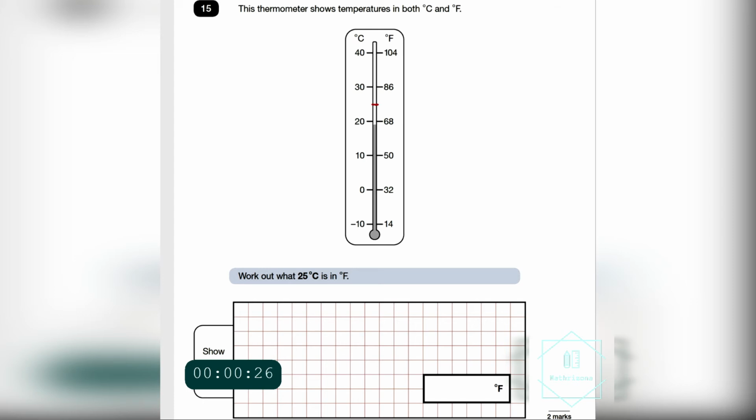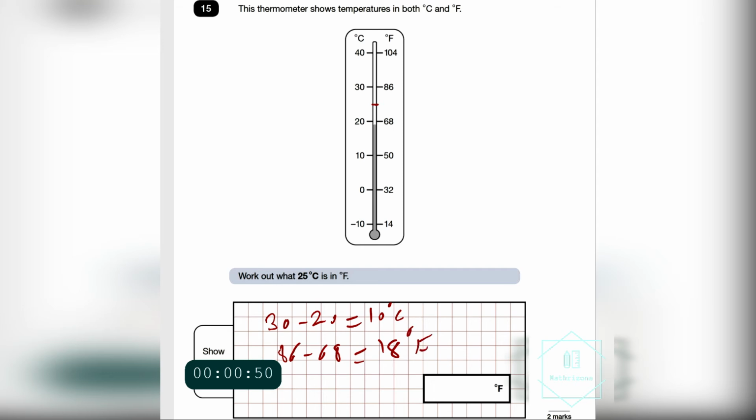Okay, so to work this out, we can calculate the difference between Celsius on the left hand side, 30 minus 20. So 30 degrees minus 20 degrees will be 10 degrees centigrade. And the difference between these two, 86 minus 68, is nothing but 18 degrees Fahrenheit.